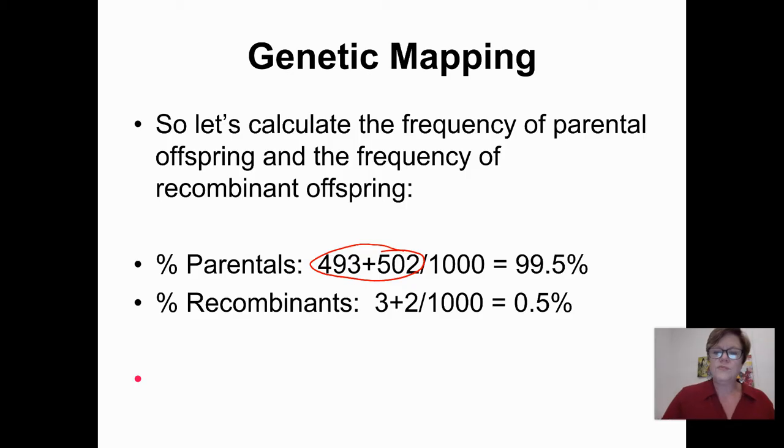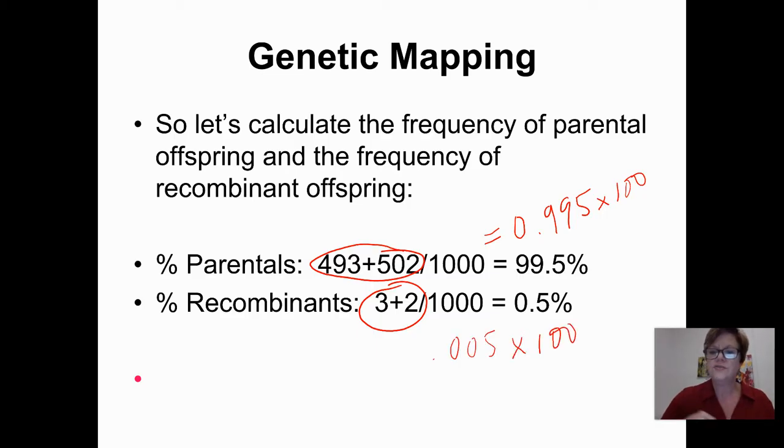And so when we do that calculation, we actually get 0.995, but you convert that to percent by multiplying by 100, and that's 99.5%. When you do the percent of offspring that have a recombinant chromosome, it's 5 out of 1,000, which gets you to 0.005, but when you multiply by 100, you get 0.5%.